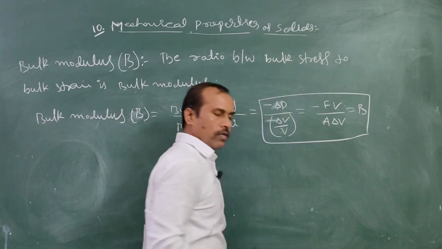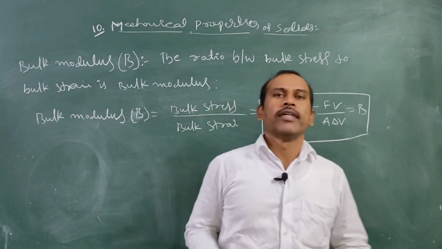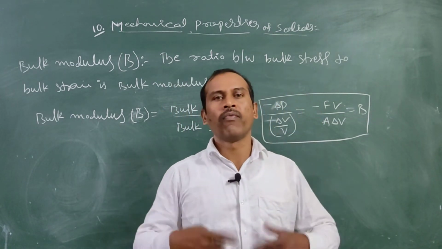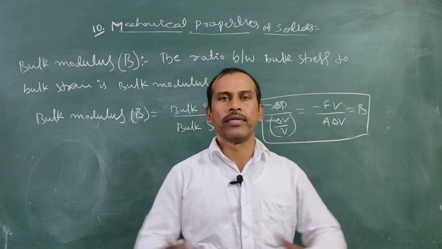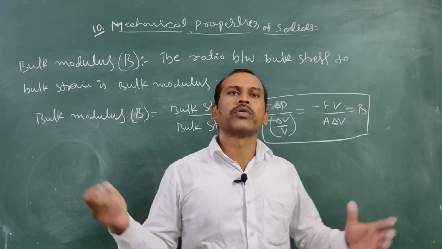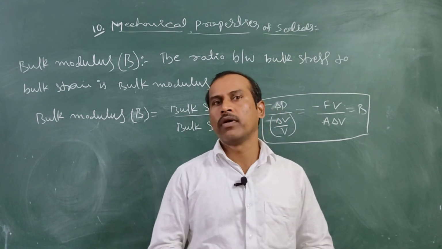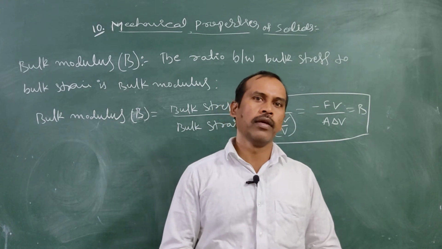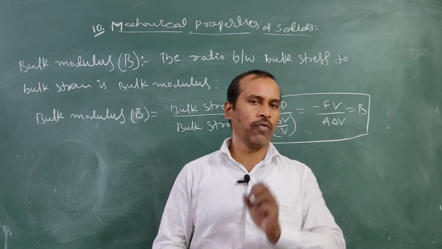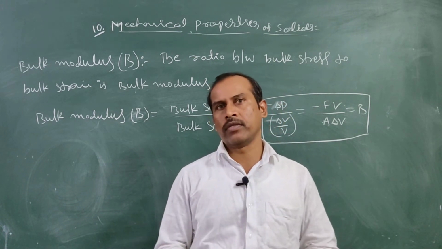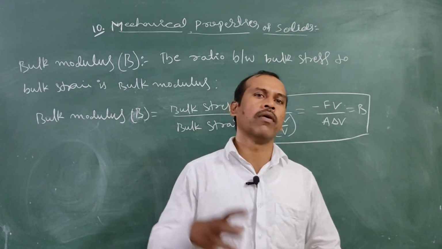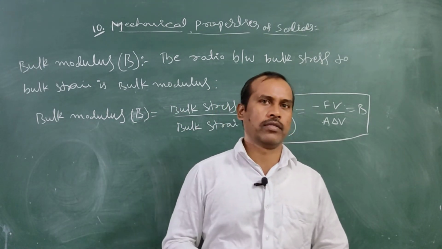Now first of all, when a sphere or metal or fluid is compressed, subjected to pressure, then the volume of the sphere or liquid decreases. The pressure is increased, the volume decreases.